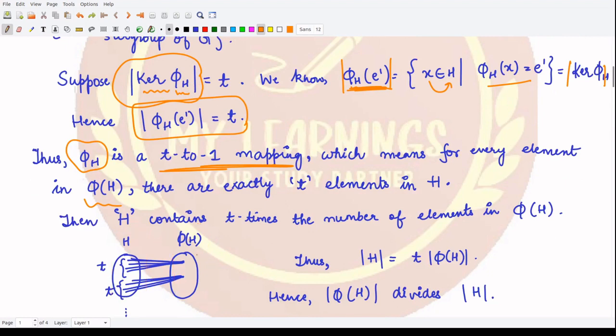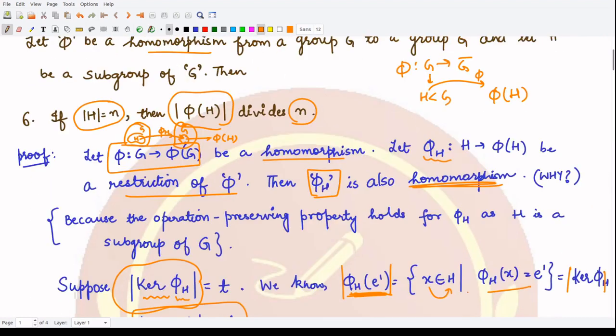So for every element here in phi of H, we have exactly T pre-images of this in H. And suppose here we have M such elements, then here we would have M times T such elements. That is what we mean by a T to 1 mapping. Hence, H contains T times the number of elements present in phi of H. This can be written as the order of H equals T times the order of phi of H. Hence, the order of phi of H divides the order of H. And this is what we wanted to prove for this particular property.